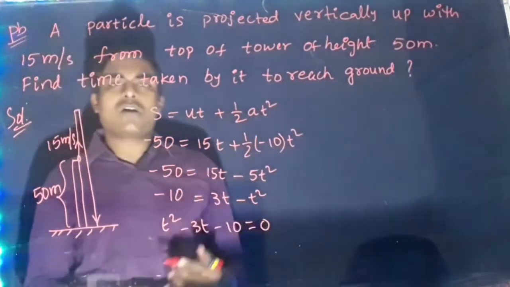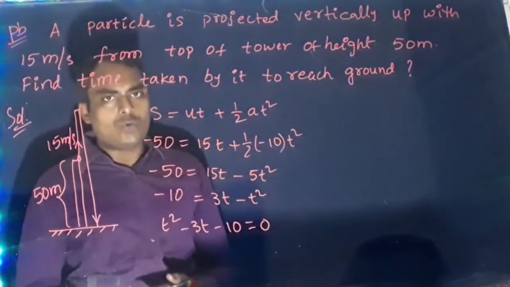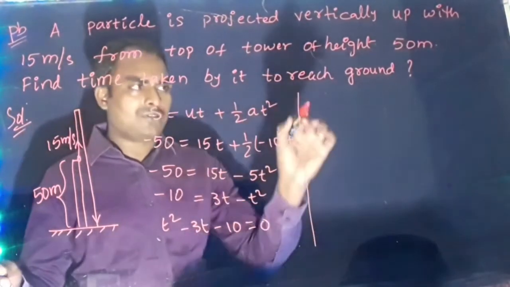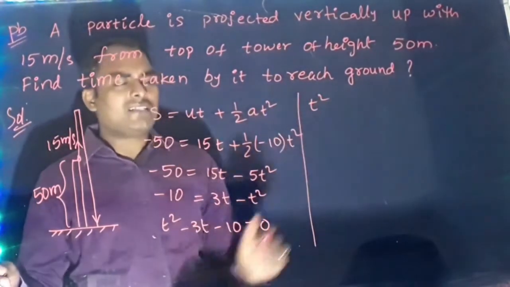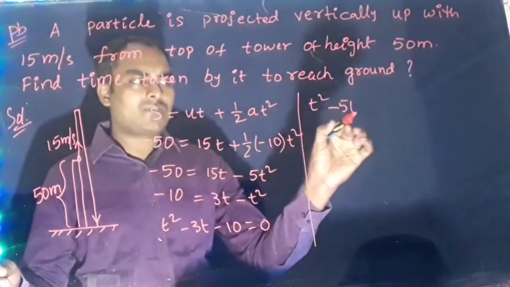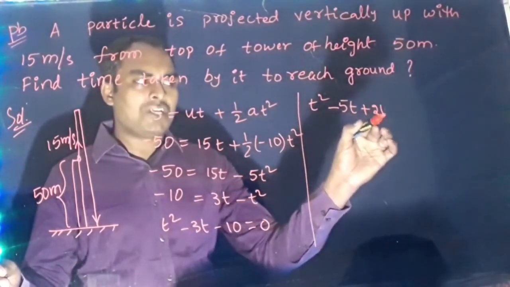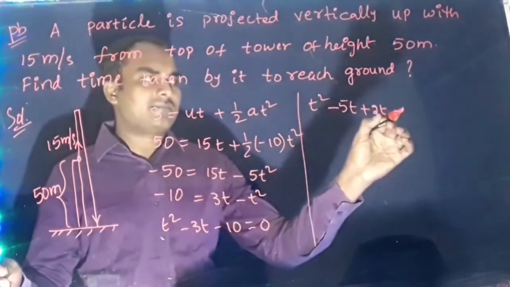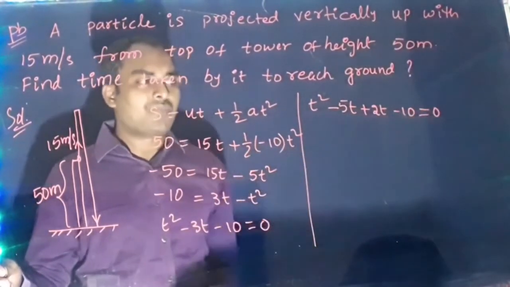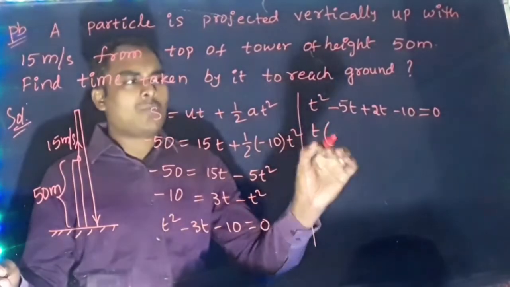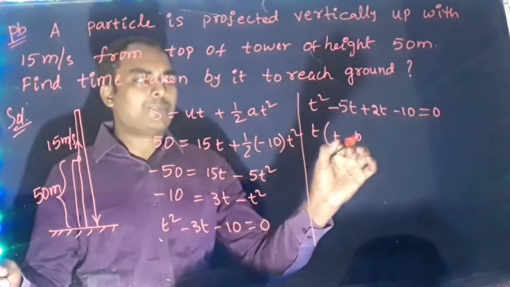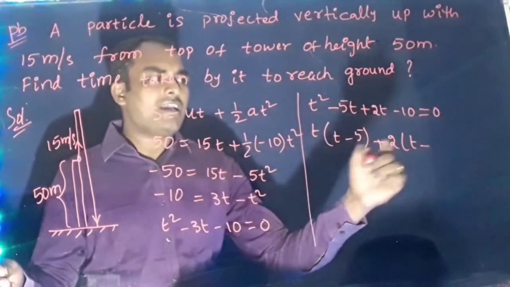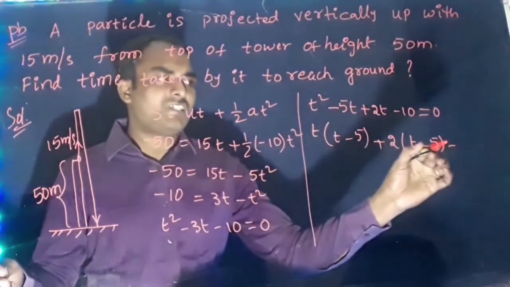So it is a quadratic equation. We need to find roots for it. So let us write the same equation. t square minus 3t can be written as minus 5t plus 2t. Minus 5 plus 2 is minus 3. Minus 10 equal to 0. So let us take t common, then t minus 5, plus let us take 2 common, then t minus 5 equal to 0.